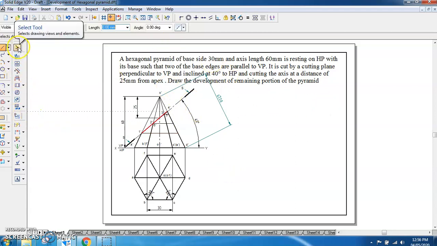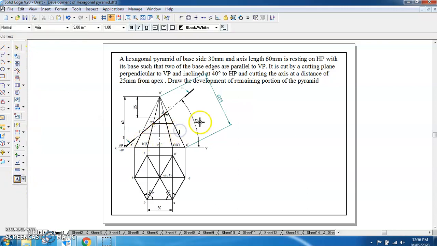Again we have to name all these points. This is 1 dash, this is 2 dash and 6 dash, and this is 3 dash and 5 dash. Like this you have got all these points here.